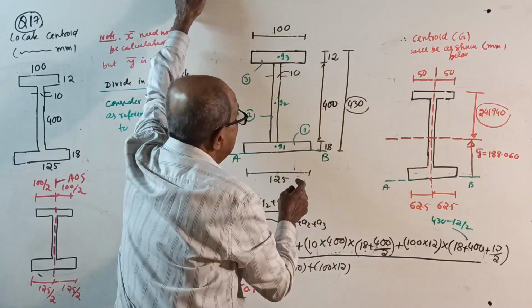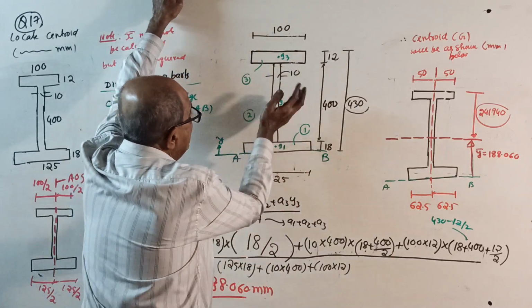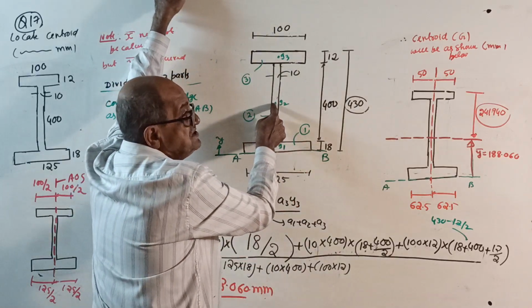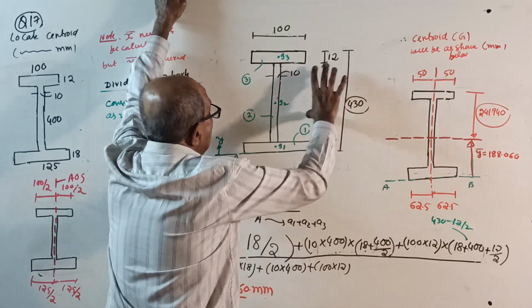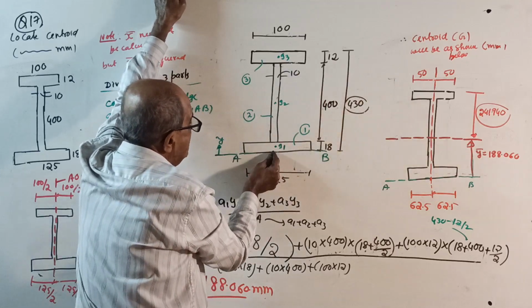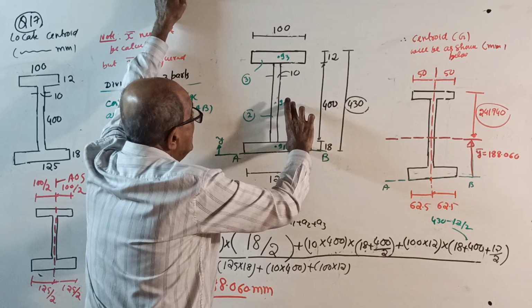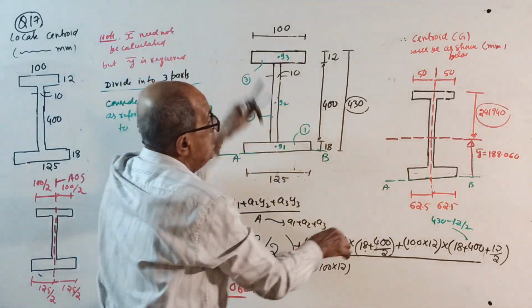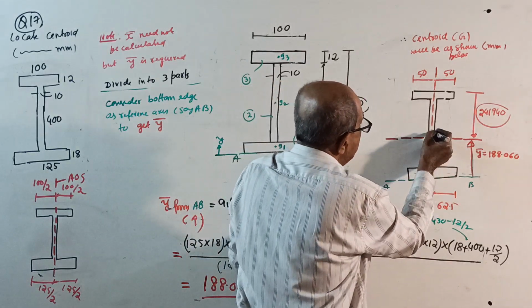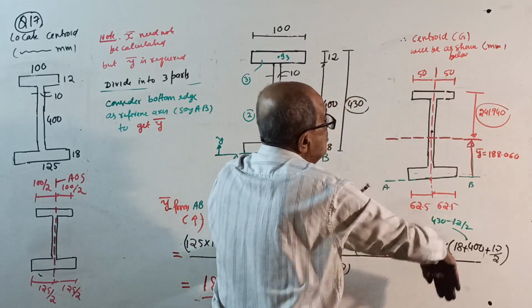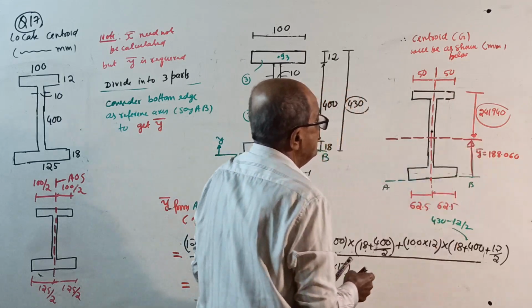But be careful. See, last time your y bar distance came above this G2. Now, this is 18, this is 400, this is 200. From here to the center is 218, but you got 188. So it is a little downside compared to the center of the web. 188.060.